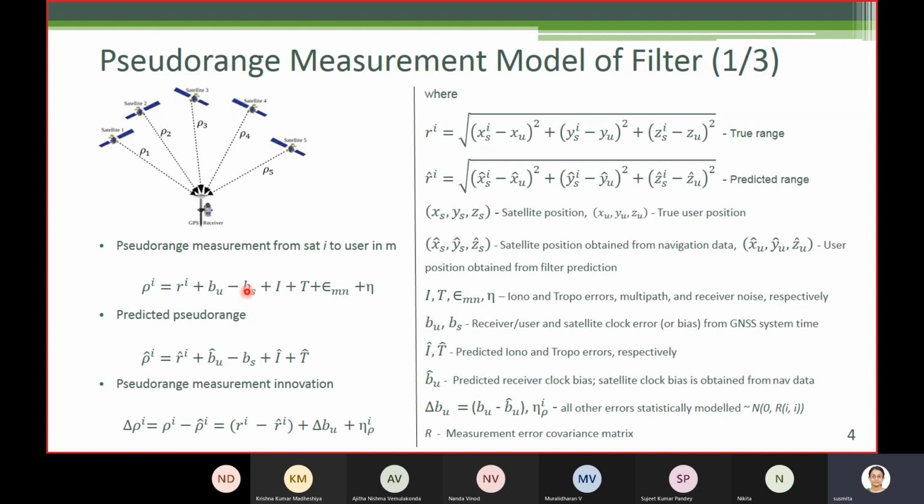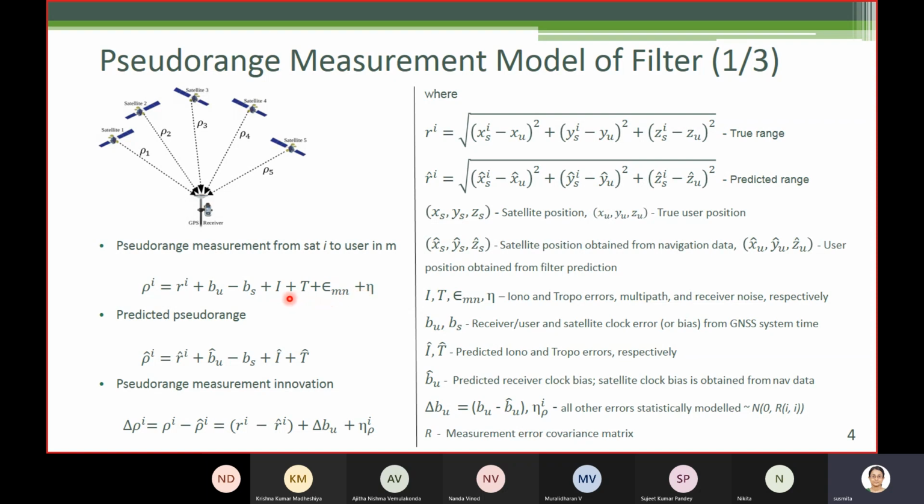But this is a known quantity to us, satellite clock error. Then the ionospheric delay in case of the pseudo-range measurement, which is derived from code, the tropospheric error, this represents multipath, and then noise.